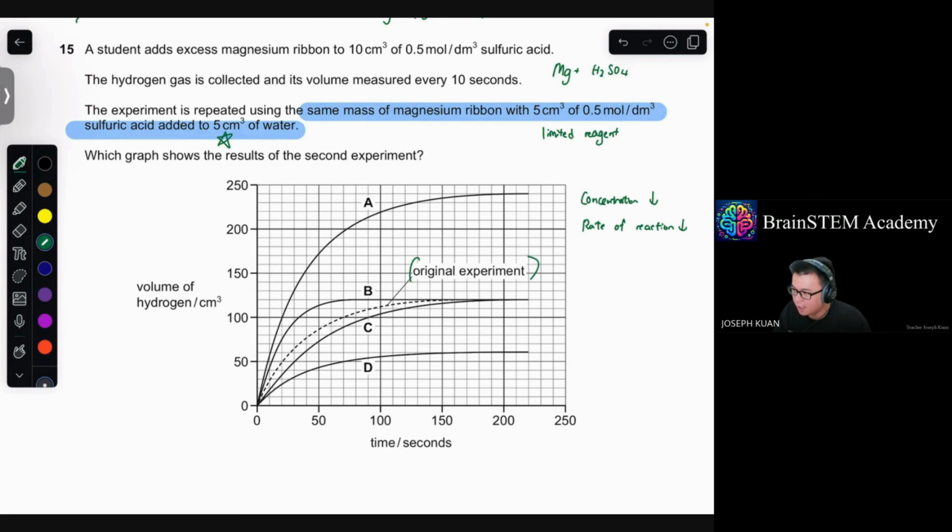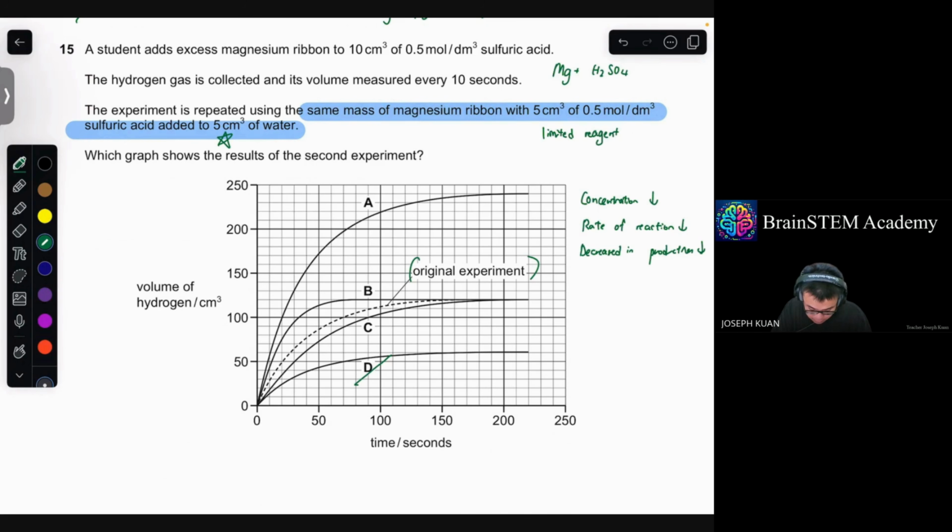Since the amount of actual reagent that you are using decreases, your product should be less than the original. So there's a decrease in rate and also a decrease in the production of hydrogen gas. So the most likely answer is D, D for donkey.